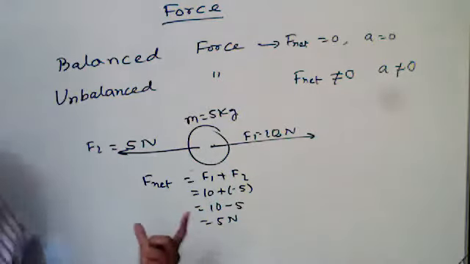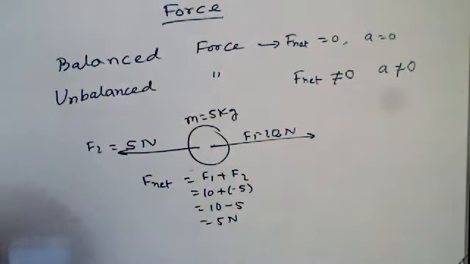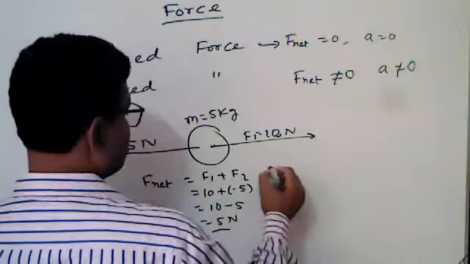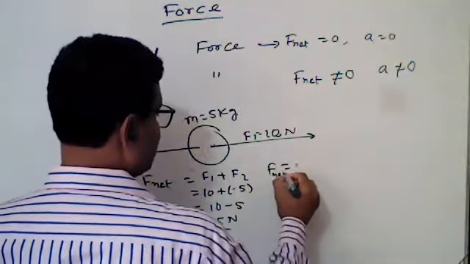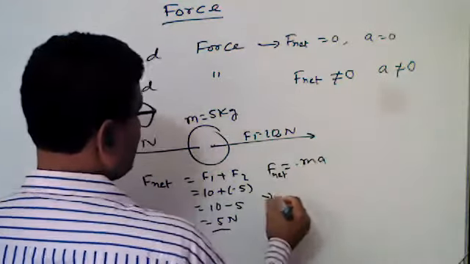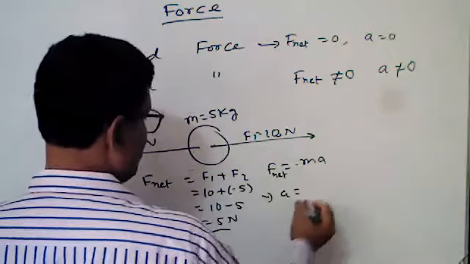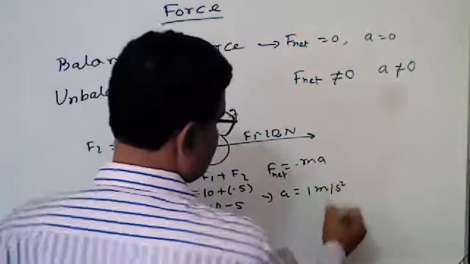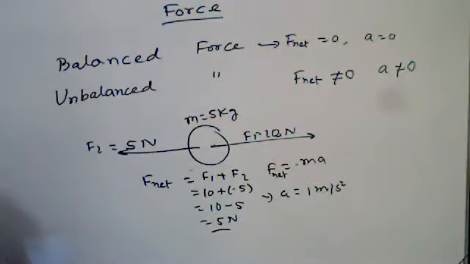F net is not 0, so it is called the unbalanced condition. So F net equals ma, and acceleration will be 1 meter per second square. Here acceleration is also present, so that is the unbalanced condition. Understand? Yes, sir.